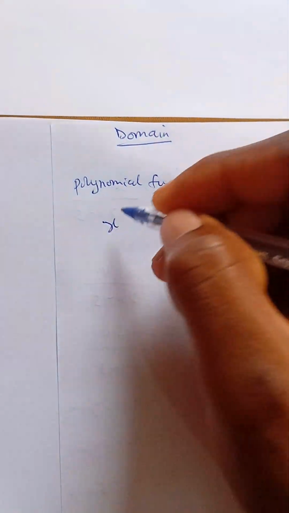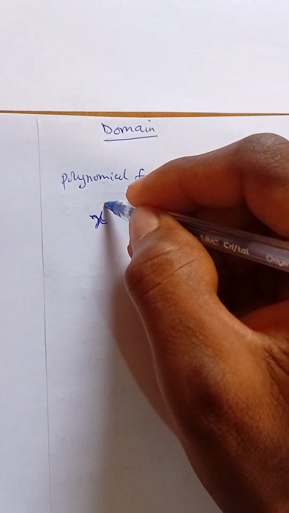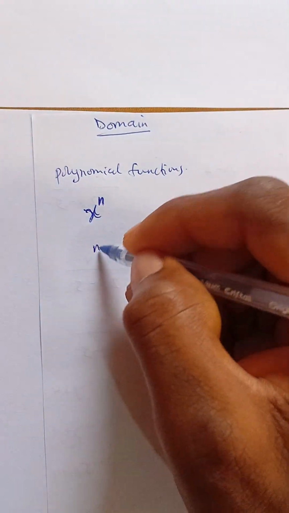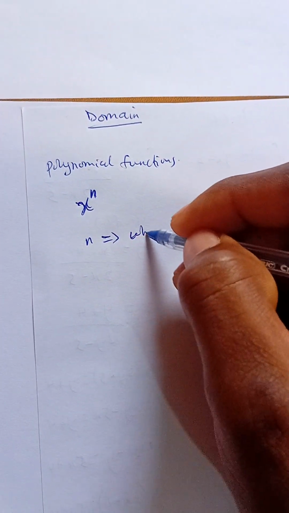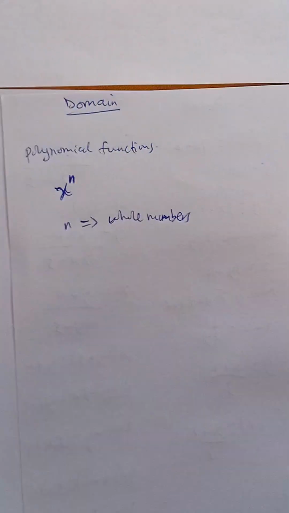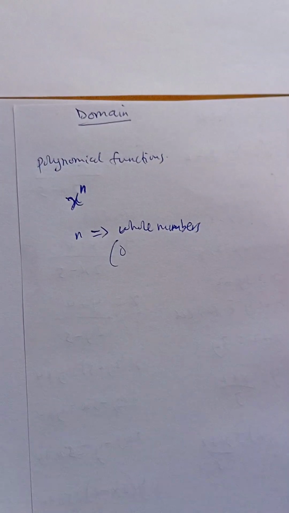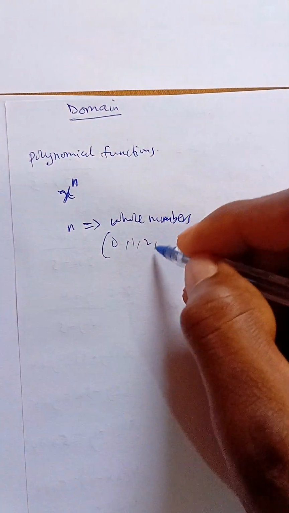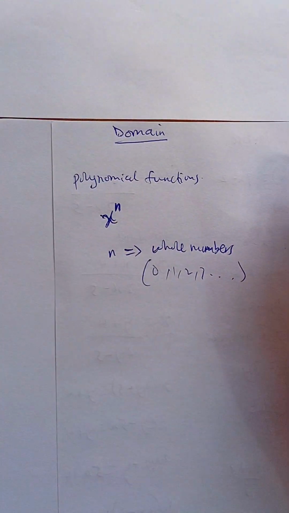The variables here are raised to a particular power, and this power belongs to the set of whole numbers. We know whole numbers are numbers starting from 0 till infinity. So 0, 1, 2, 3 till infinity. So that is a polynomial.